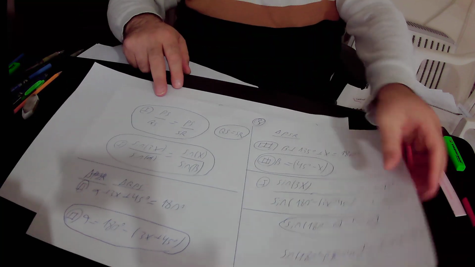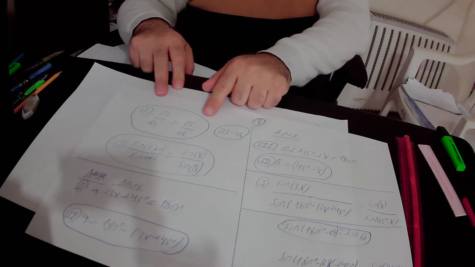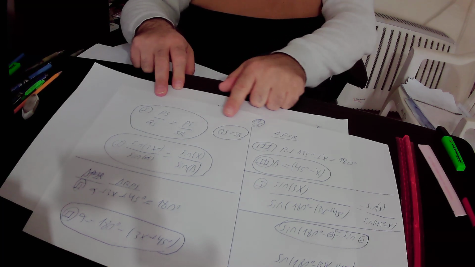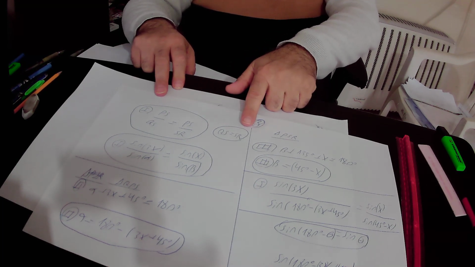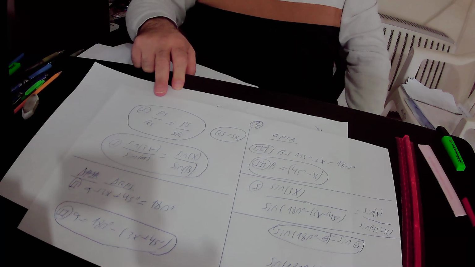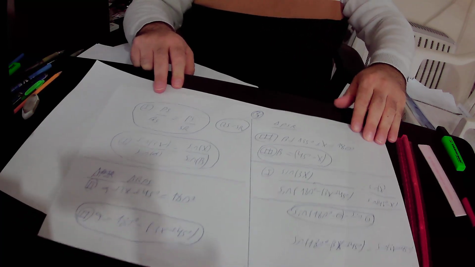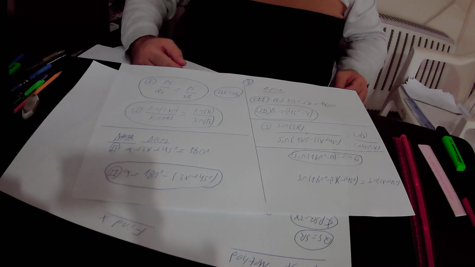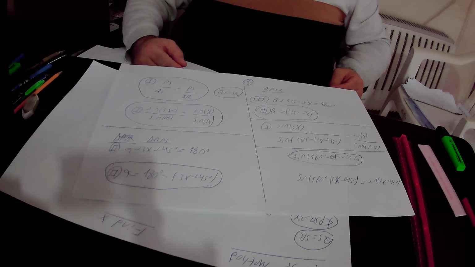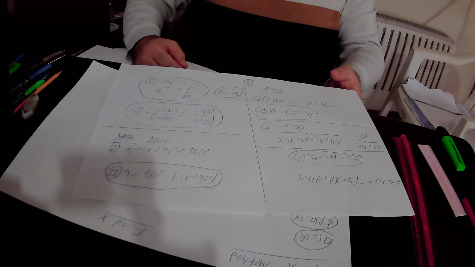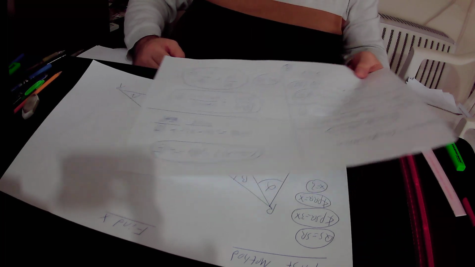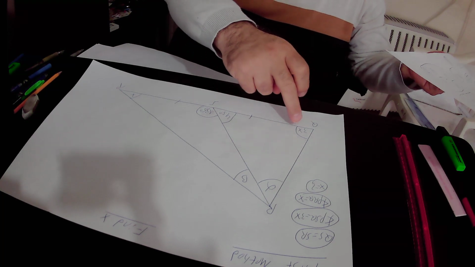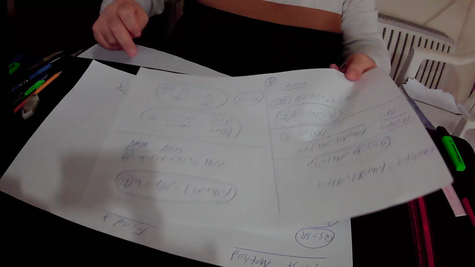Okay, PS over QS equals PS over SR, and it is true because QS equals SR according to what is given in the question. But according to the equation that A over B equals sine A over sine B, in triangle PQS, PS over QS must be equal to sine 3x over sine alpha.